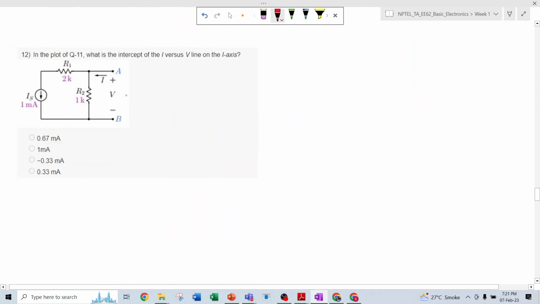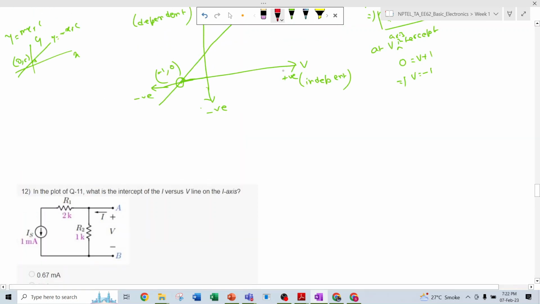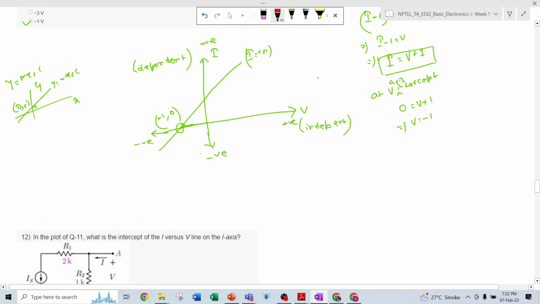The next question is, in the plot of question 11, what is the intercept of the I versus V line on the I axis? So it is the same question. They are asking what is the value of I when the voltage is 0. This is 0, right? The voltage is 0. So you should put the same thing, that is I equal to V plus 1.